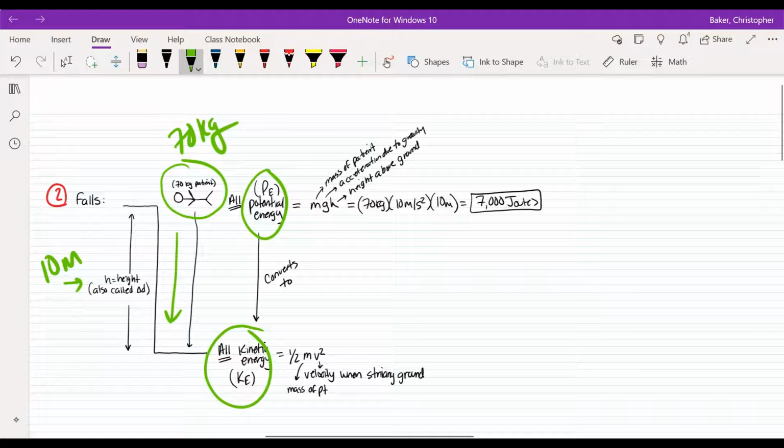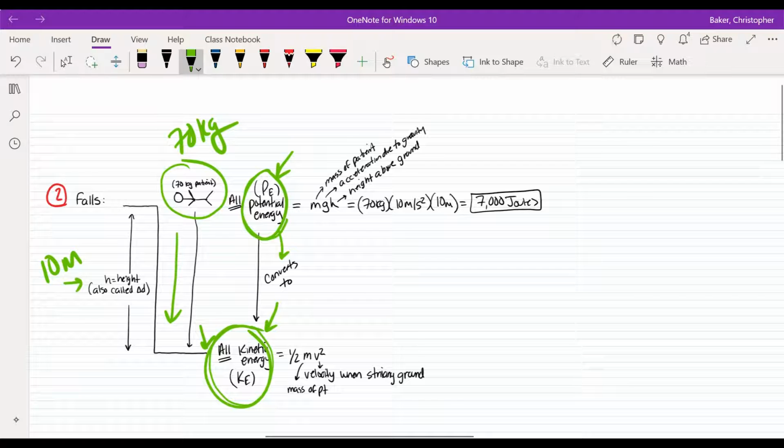So right the instant he starts to fall, all his energy is potential. Once he strikes the surface at the bottom, all his energy is kinetic. Well, that means that all his potential energy must be converted to kinetic energy. So if we can calculate his potential energy, we know his kinetic energy, or vice versa.